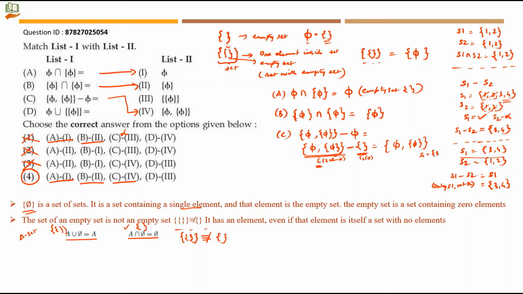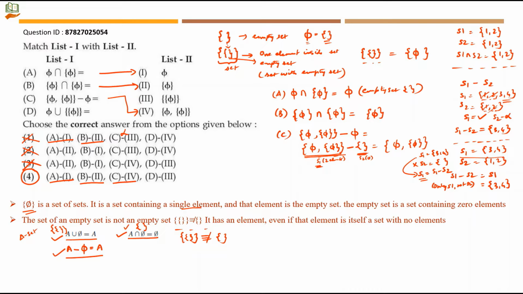S1 is equal to 3, 4 and just take S2 is equal to empty. We are not worried about what is inside S1 when S2 is empty. We just bring the answer of S1 minus S2 as S1 itself. A difference and empty set will again give A. So this is for union, this is for intersection and this is for difference.